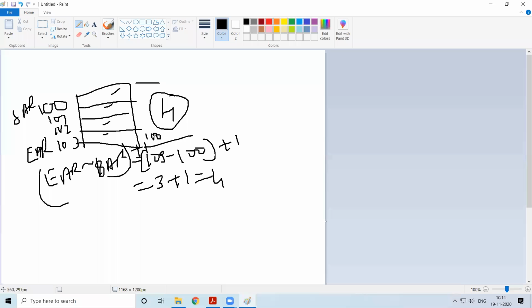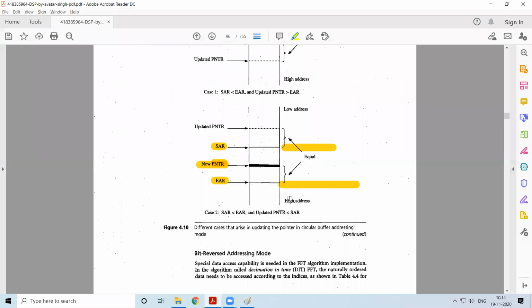You can see that in one, SAR is lesser than EAR. If addressing is in the reverse form, EAR is less than SAR. Based on these conditions, you should be updating the pointer in the circular addressing mode.